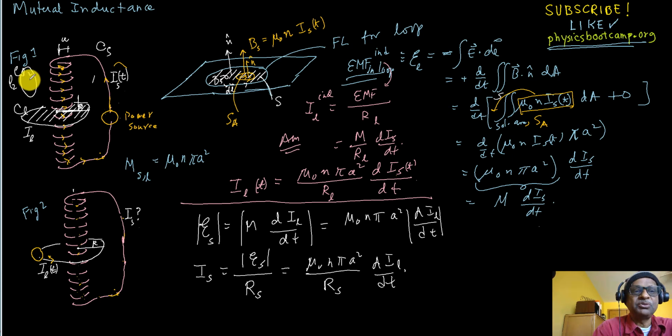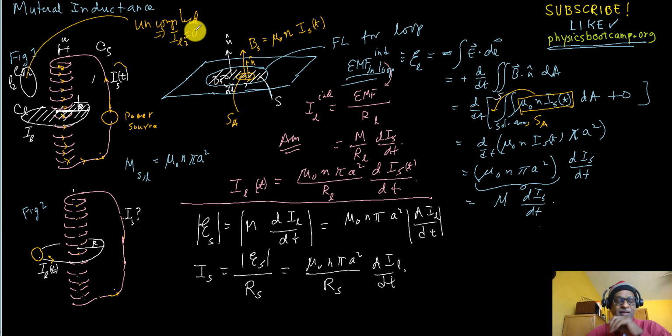No magnetic field goes through there, so this will be uncoupled, and hence the current I in loop 2 will actually be 0. So not every two circuits lying next to each other will be coupled. The magnetic field created by the current in one loop has to pierce the other loop.